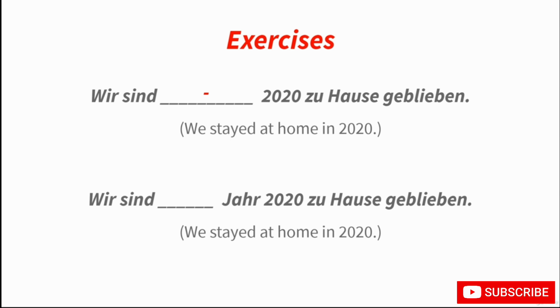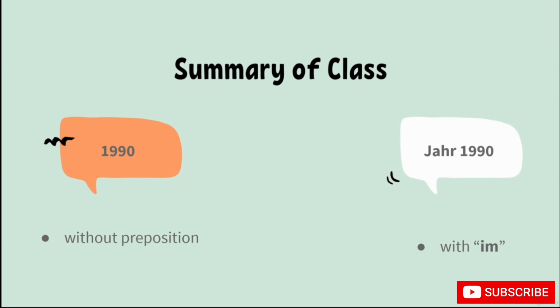This sentence also means we stayed at home in 2020. What do you think is the answer? Im. Why? Because before the year we use Jahr. That's why im must be used. There are two different ways to say years in German.